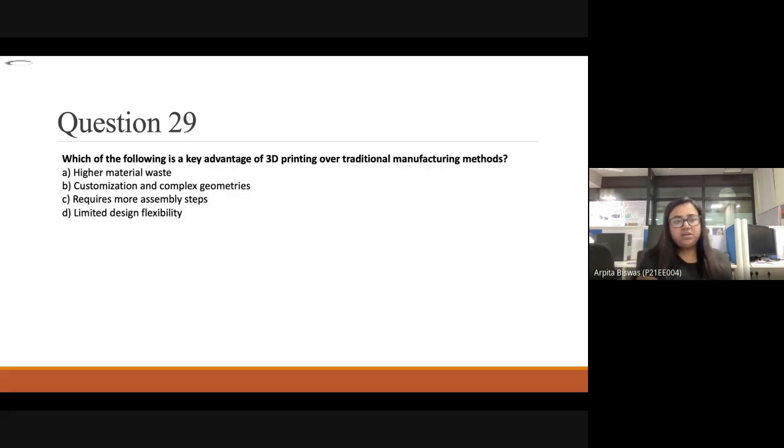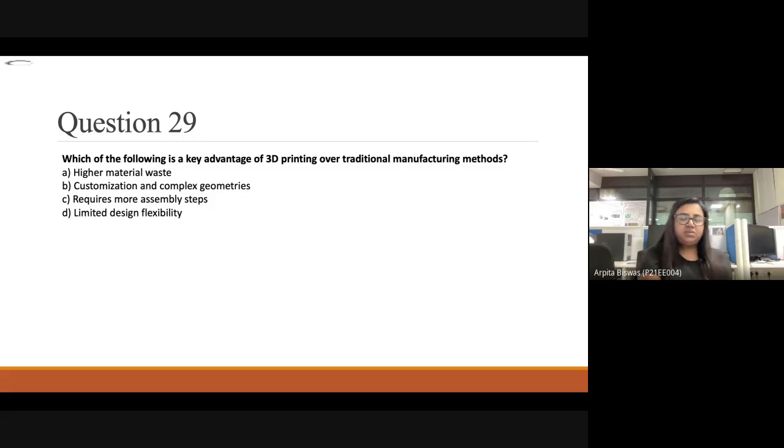Next, question number 29. Which of the following is a key advantage of 3D printing over the traditional manufacturing method? First option is higher material waste. Second is customization and complex geometries, and option C is requires more assembly steps. Option D is limited design flexibility.